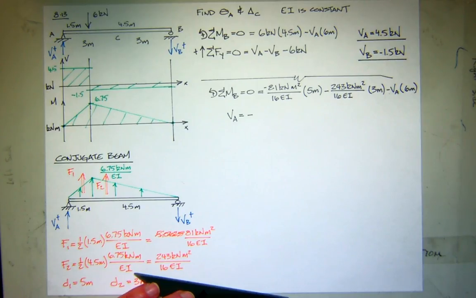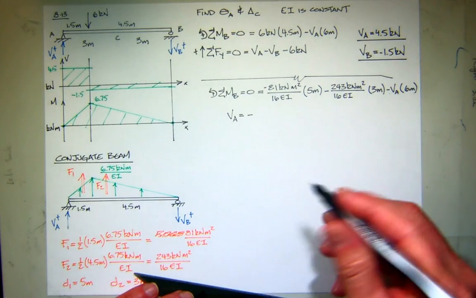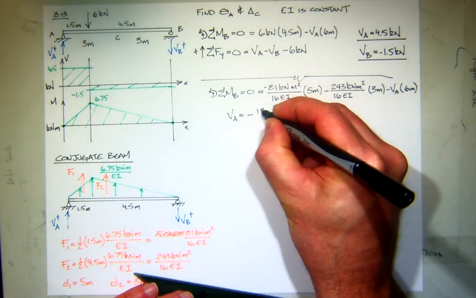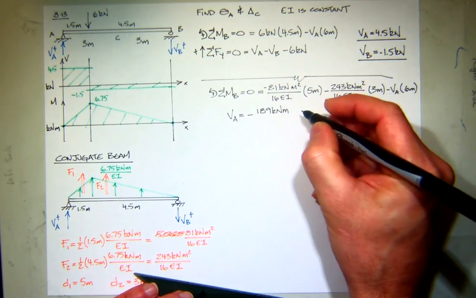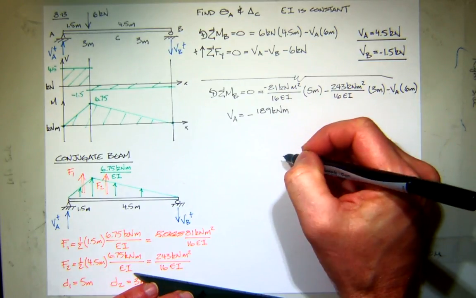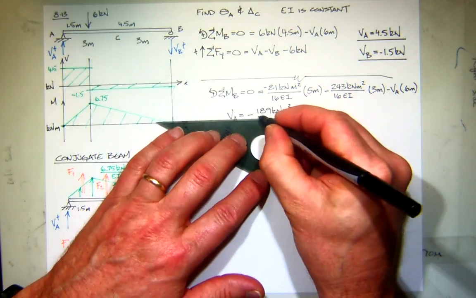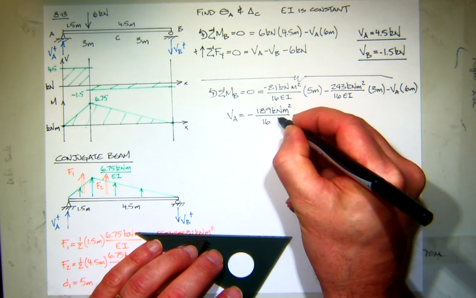It's 11.8125. What is that over 16? Multiply that by 16. Is it a whole number? 189. So 189, and that'll be kilonewton meters squared over 16 EI.